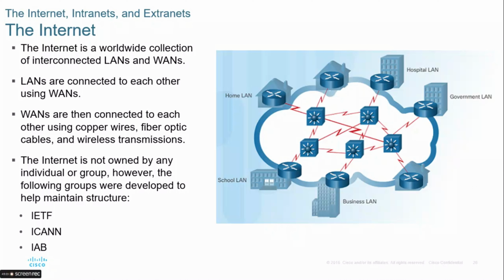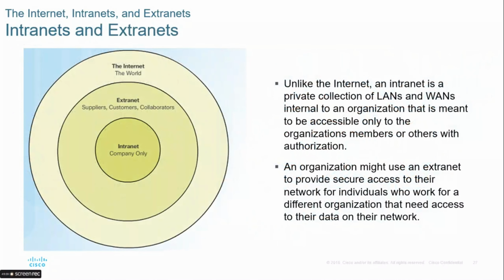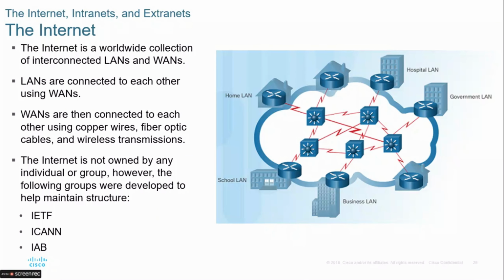We've got IAB, Internet Architecture Board. Those are the bodies that just help to structure and maintain the internet. Like this Internet Engineering Task Force, this one deals with how the real structure of the internet should be. ICANN deals with IP addresses, how IP addressing is managed.